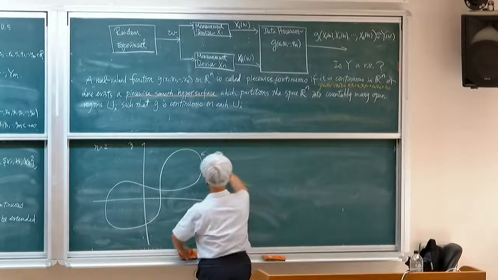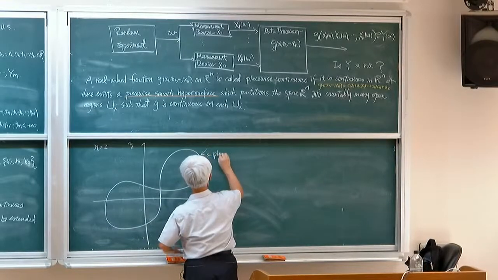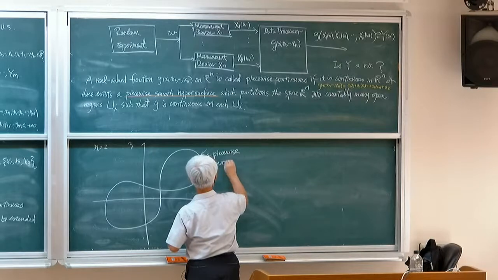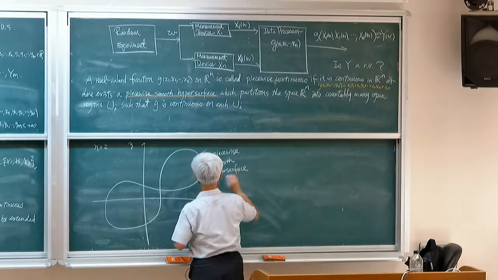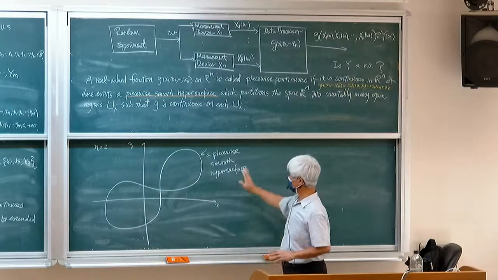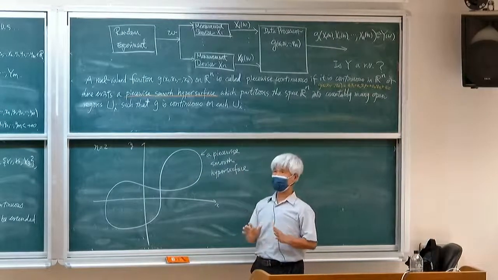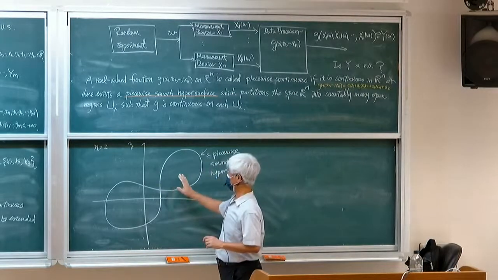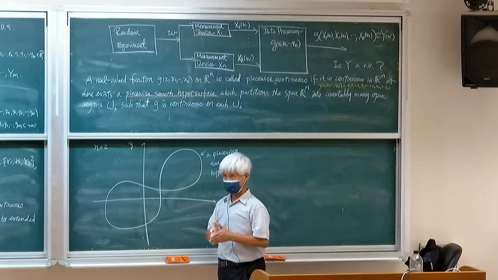So it's a piecewise smooth hypersurface. A hypersurface is a surface with dimension n minus 1.